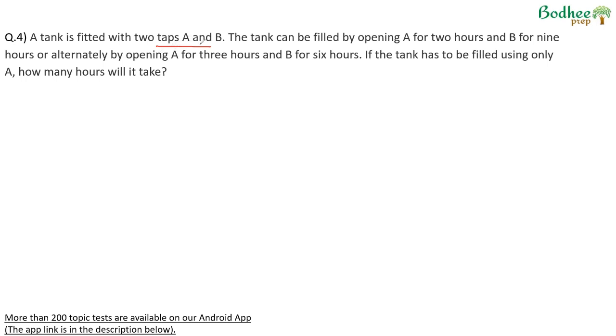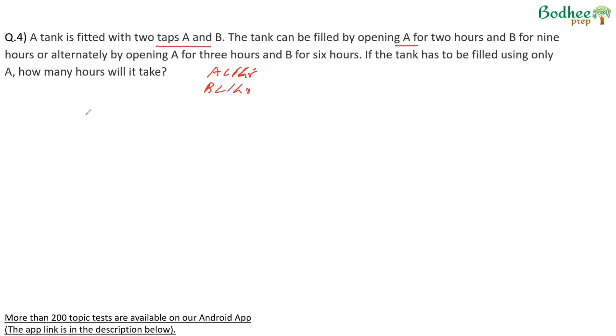Now, if A fills A liters per hour and B fills B liters per hour, we can say that the tank can be filled by opening A for 2 hours, B for 9 hours.